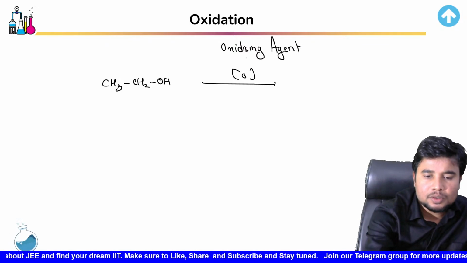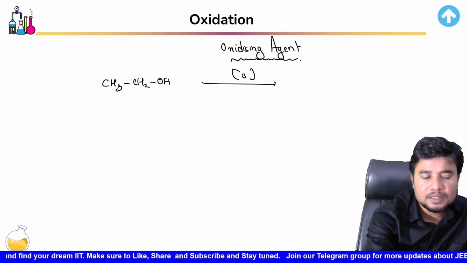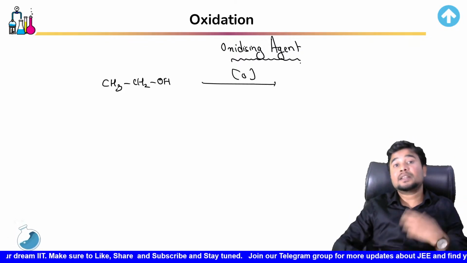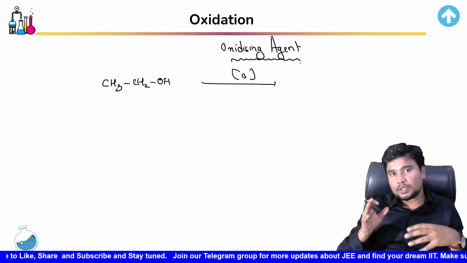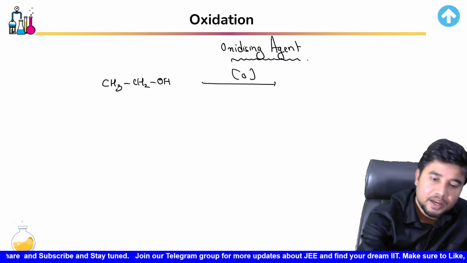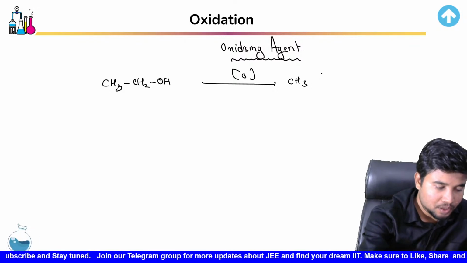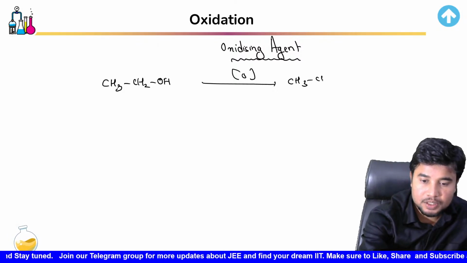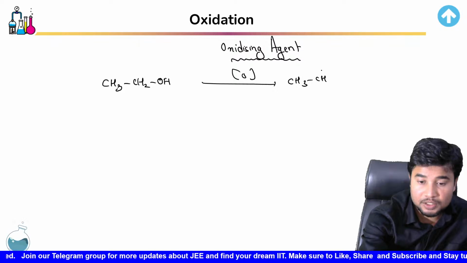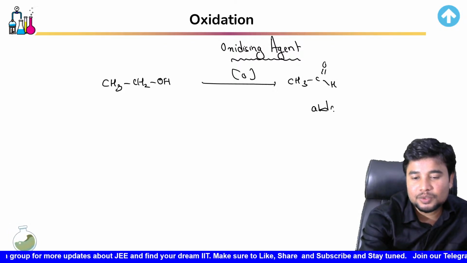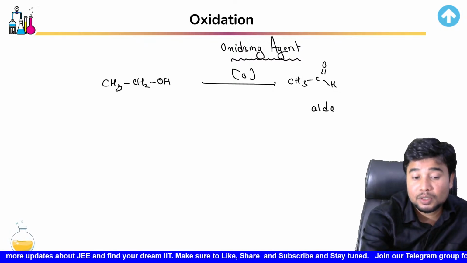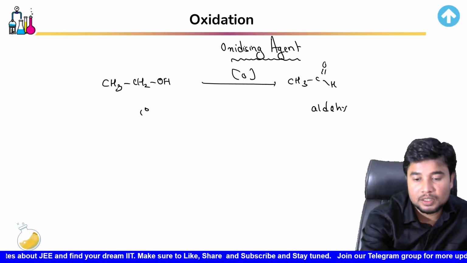We'll talk about the oxidizing agent and the differences in the types of oxidizing agents and their action. If you have taken an oxidizing agent, it would oxidize the alcohol. Initially, CH3 would change into CHO, that is an aldehyde. It would tend to give you an aldehyde, particularly for a primary alcohol.